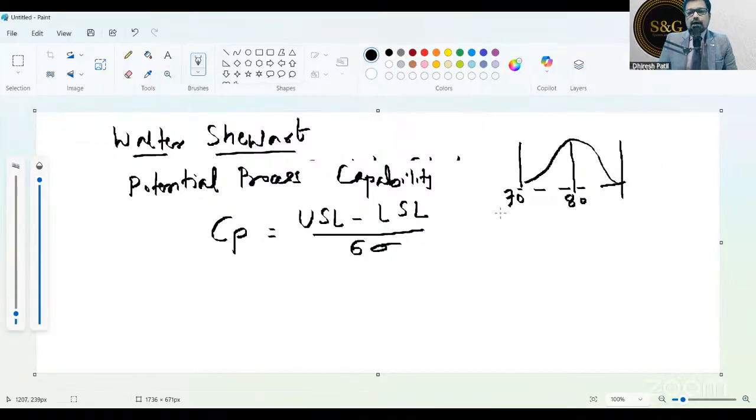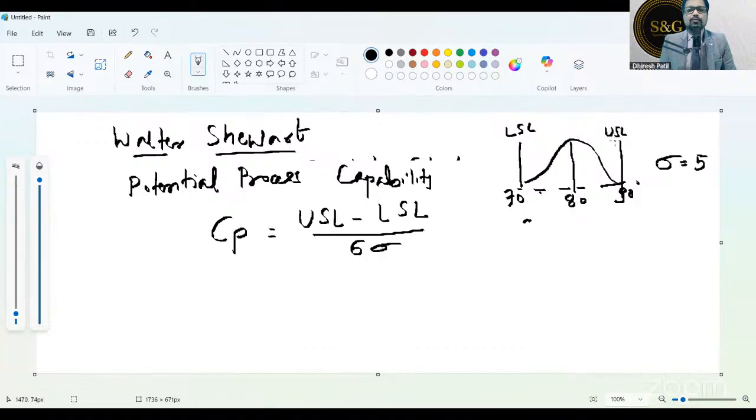Imagine the standard deviation here is 5. Can you calculate Cp in this case? This is LSL and this is USL.